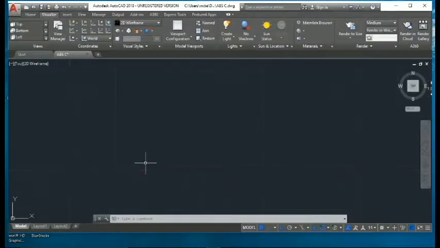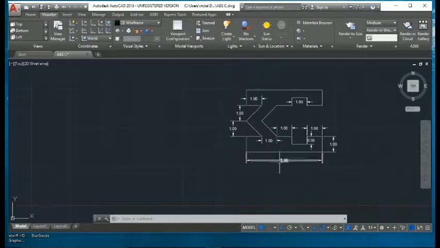For example, we want to draw this figure with the absolute coordinate system. In the absolute coordinate system, the coordinates are specified at the command prompt by entering x and y coordinates separated by a comma.